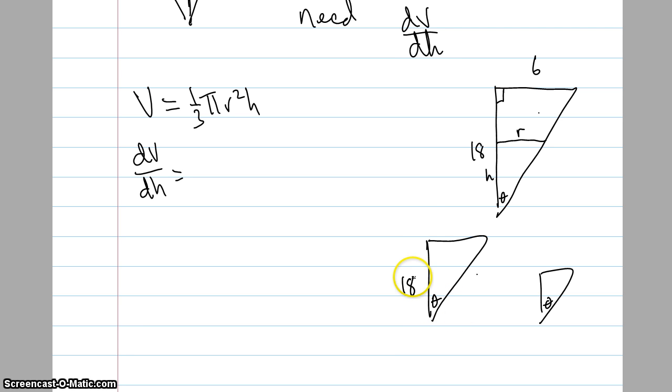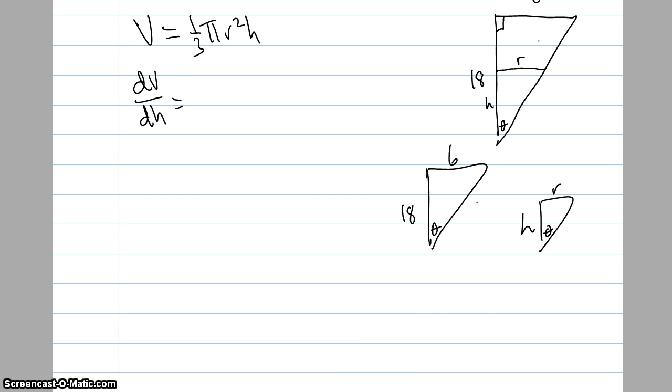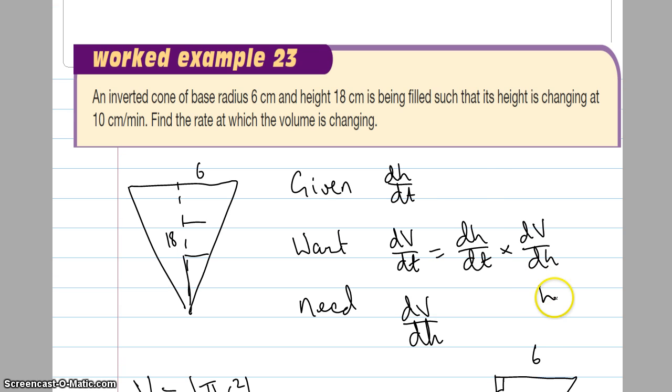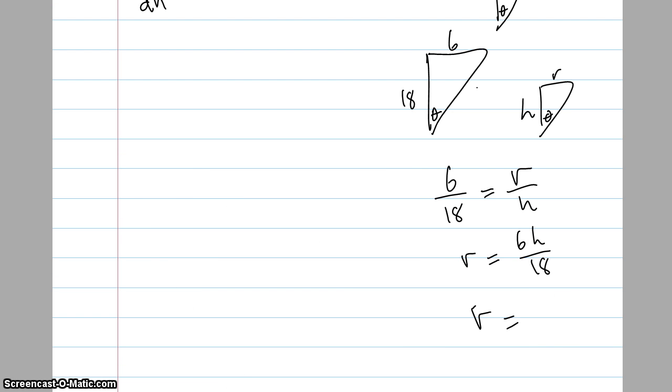So I can say that these ratios, 18 to 6, will be the same ratio as h to r. So I can say that 6 over 18 is the same ratio as r over h. And then I can find out that r equals 6h over 18, which of course is just r equals h over 3.